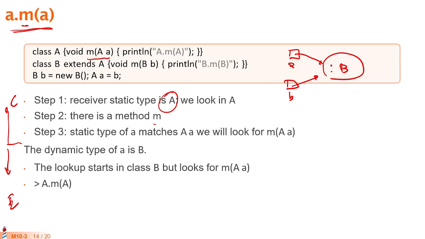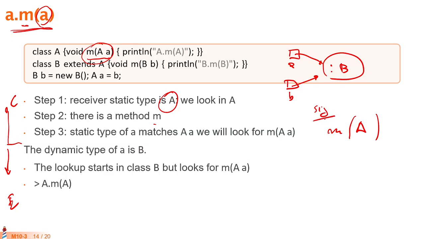Also, we see that the static type of the argument here is A also, so we have a matching with the type. So we have identified the message to send: the complete name of the method that we are looking for is M with an argument of type class A. This is the signature that we have.